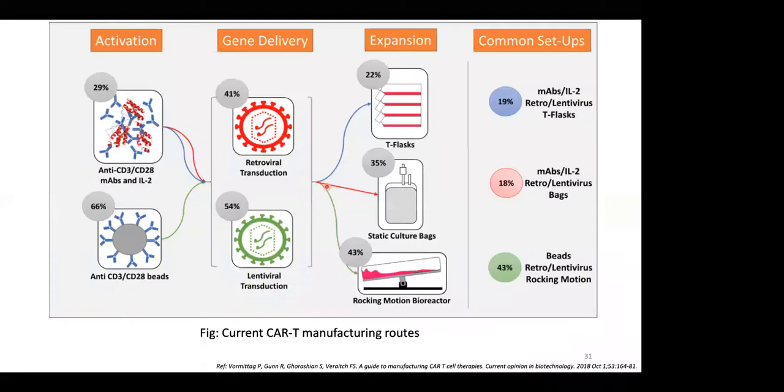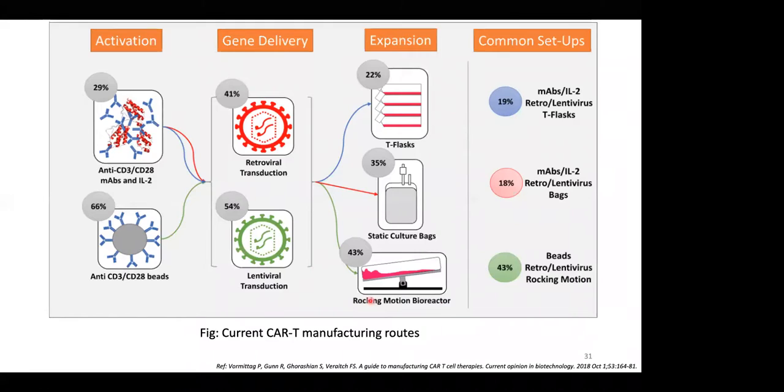So this slide tells us what the current CAR-T manufacturing routes are, combining all that I've said as of now. For activation, the majority of the clinical trials as well as the products use anti-CD3 and anti-CD28 beads. For gene delivery, the majority of people do it via lentiviral transduction.